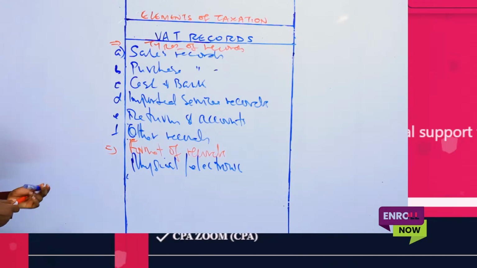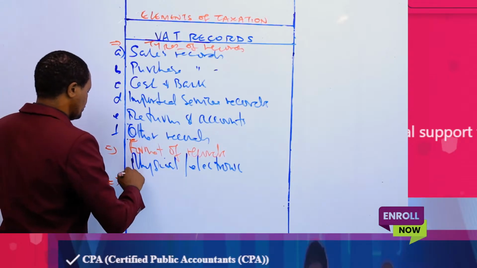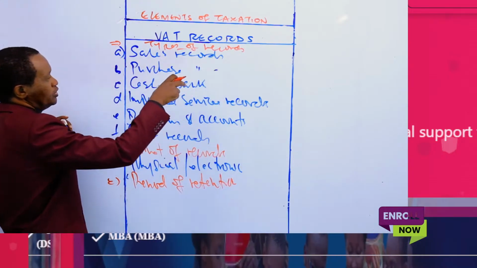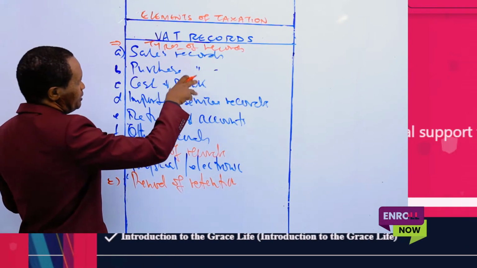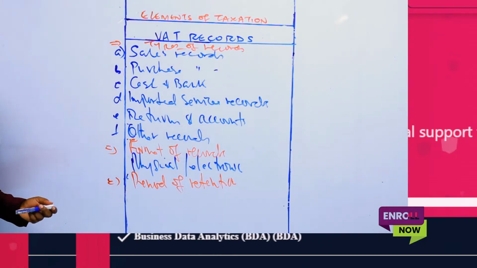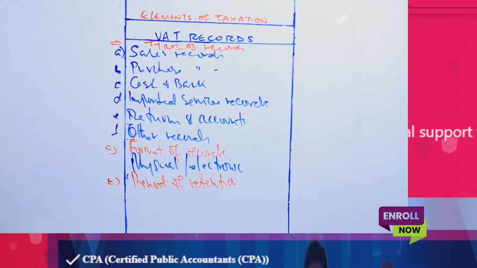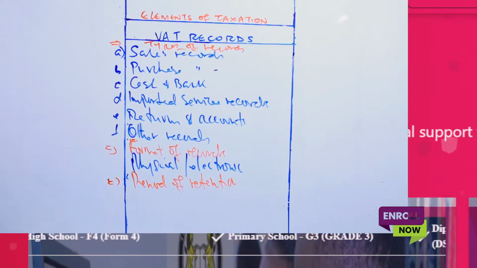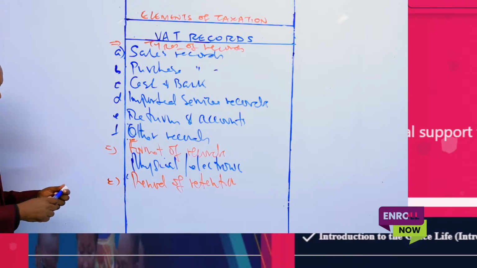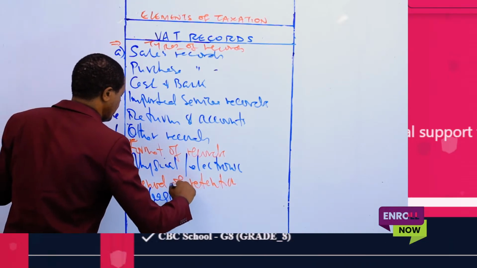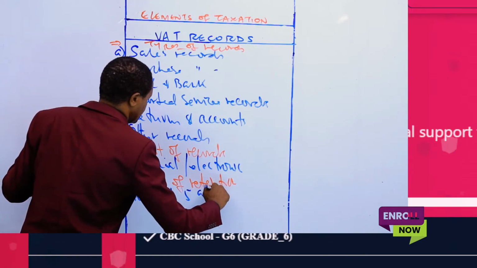How about period of retention? For how long should a VAT registered person maintain these records? Now, the Tax Procedures Act mandates taxpayers to retain all tax records, including VAT records, for a period of at least 5 years.